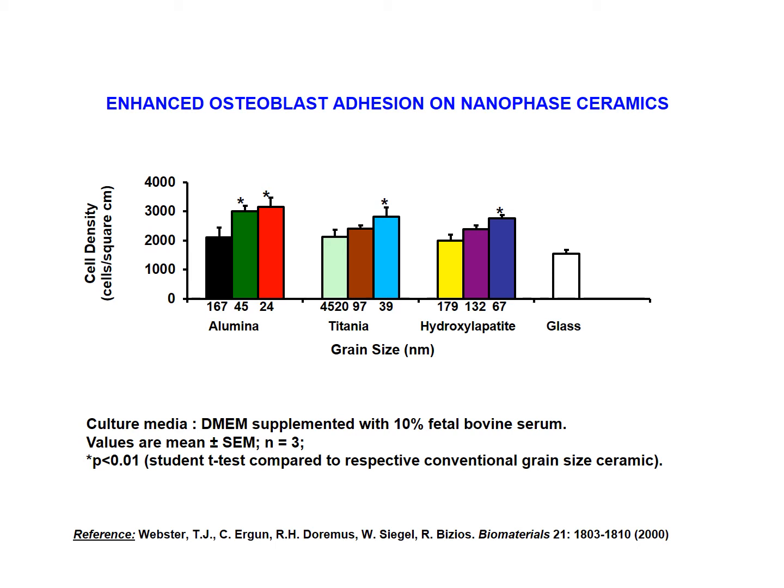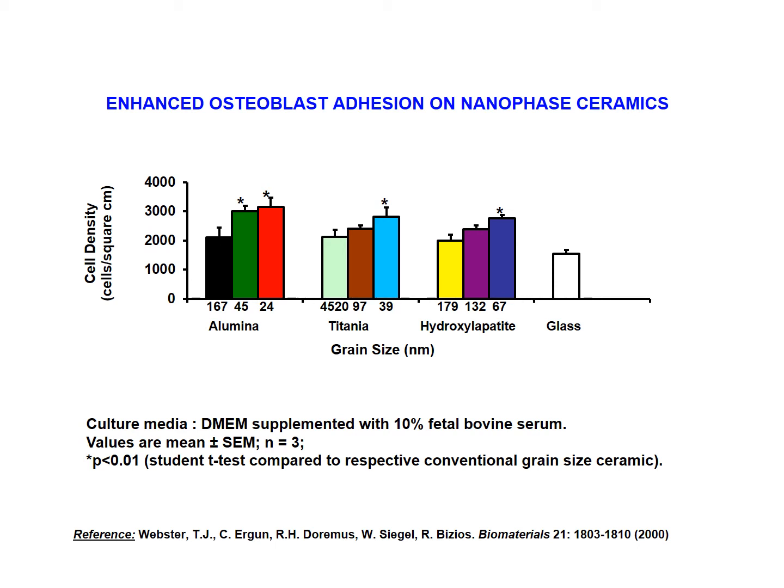Please notice that in each case, by that I mean the case of each ceramic, we have a substrate which has grain sizes above 100, therefore it is the conventional, and two other substrates which have different grain sizes, one much smaller than the other.